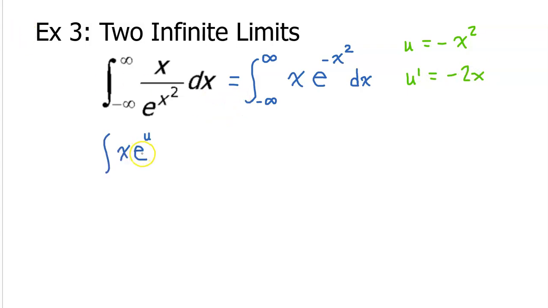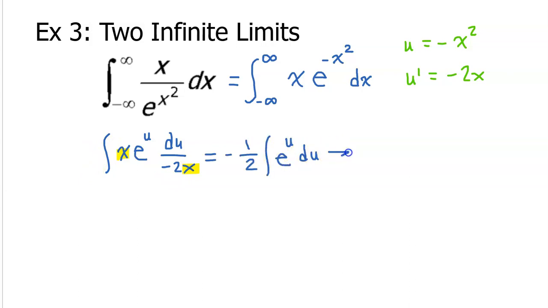As we do the substitution, we take away the limits of integration for now, and we have this. Instead of writing dx, we write du over u prime, so du over negative 2x. But the x's cancel out, and we will bring the negative 2 out to the front as a negative 1/2.